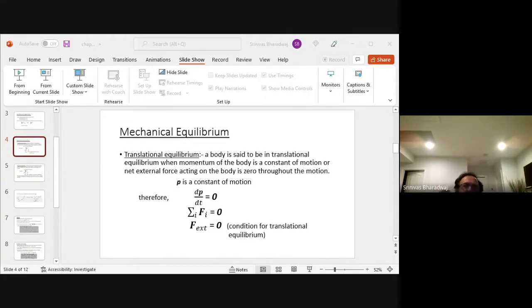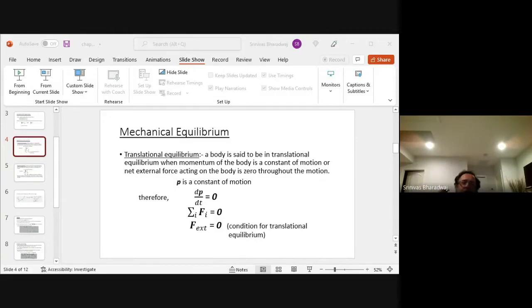When there is rotational equilibrium, the angular momentum of the body is a constant. When there's translational equilibrium, the linear momentum is constant. When there's rotational equilibrium, the angular momentum is a constant. So if you push it, at that moment there is a balance of forces, but there is a brief torque given.